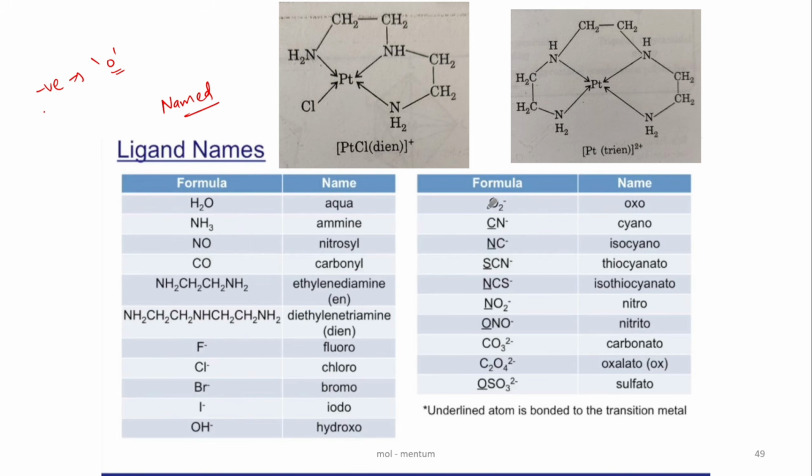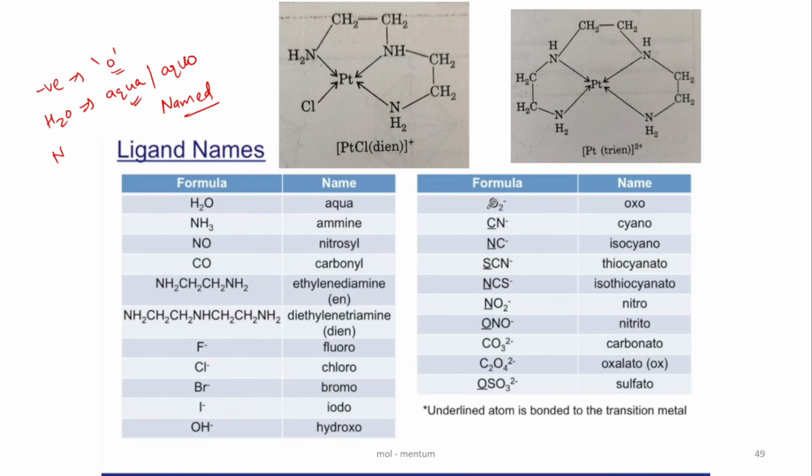For neutral ligands, in which there is no charge, we write the name as such. For water, we write aqua, or some books write aquo, but I think aqua should be the preferred one.